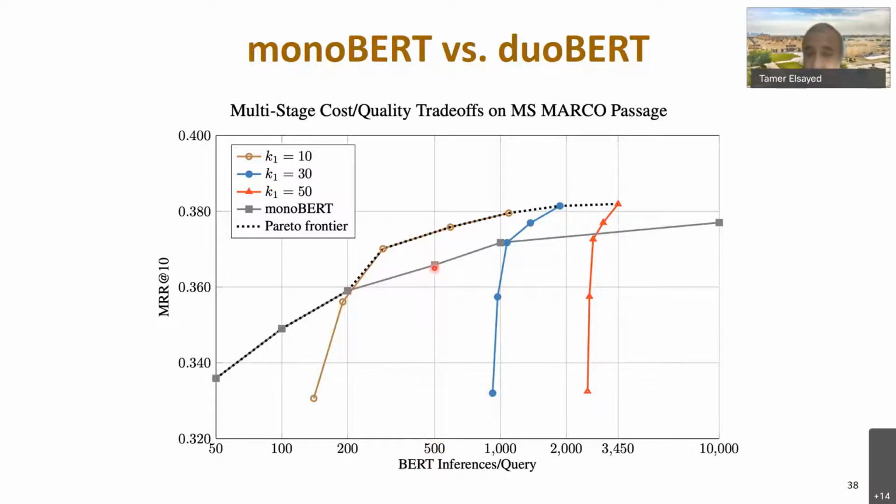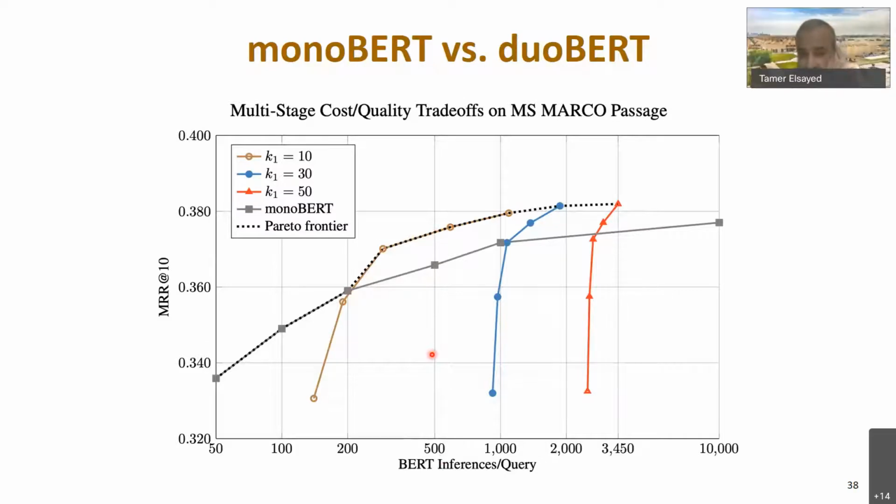Should I use MonoBERT or should I use DuoBERT, if I can afford 500 and only 500? DuoBERT, because it has higher effectiveness. So at that line, the efficiency is the same.